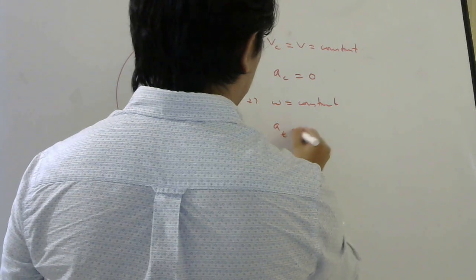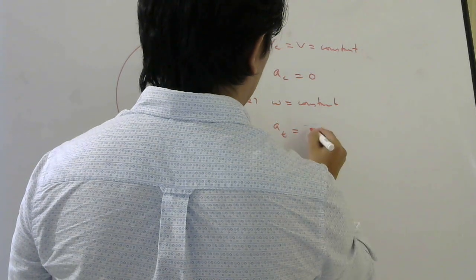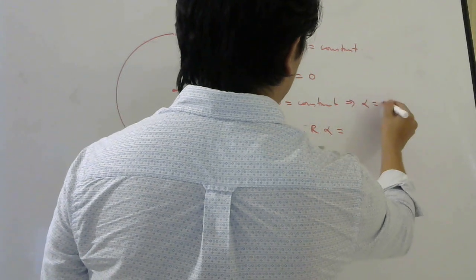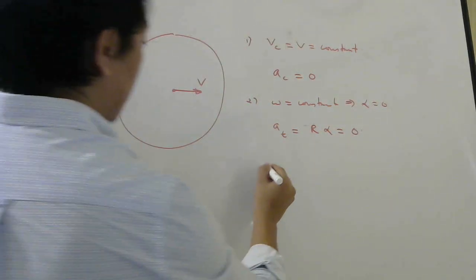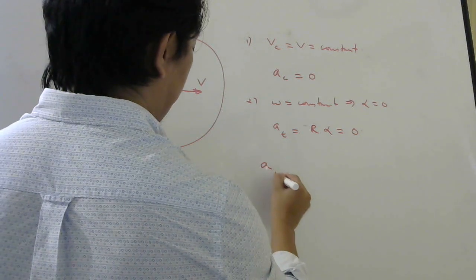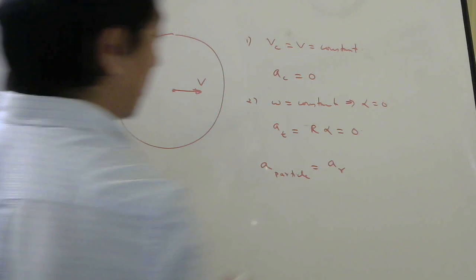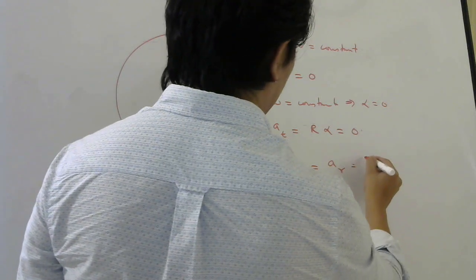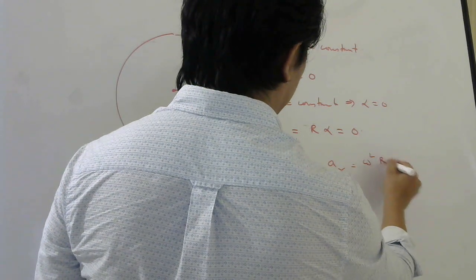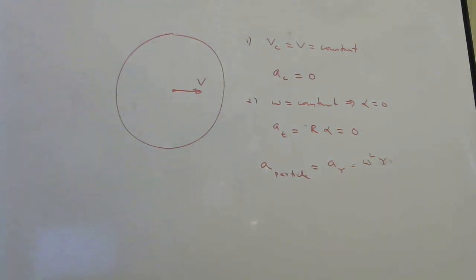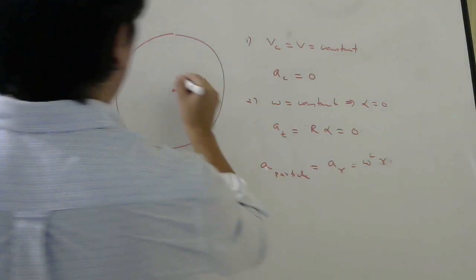So tangential acceleration was, if you remember, r into alpha, but omega is constant, means alpha is 0, so this is also 0. That means acceleration of any particle will be simply the radial acceleration, and radial acceleration is how much? Omega square radius. So this is the situation in the question that is given, because your Vc is constant, omega is constant.